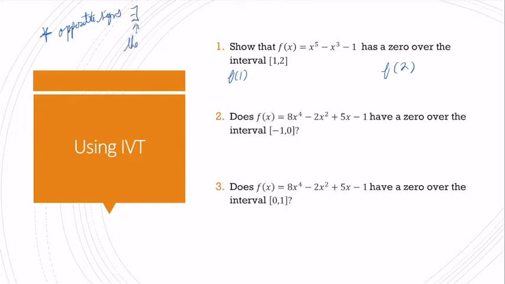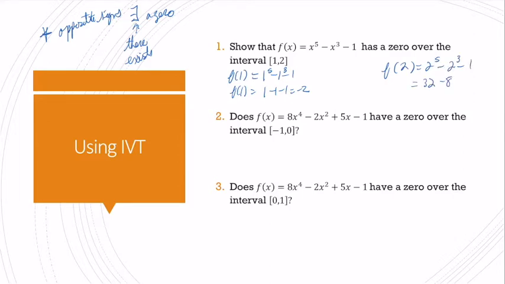There exists, that's what this math symbol means, there exists a 0. So f of 1 is going to be 1 to the 5th minus 1 cubed minus 1. So f of 1 equals 1 minus 1 minus 1, which is negative 1. f of 2 equals 2 to the 5th minus 2 cubed minus 1.